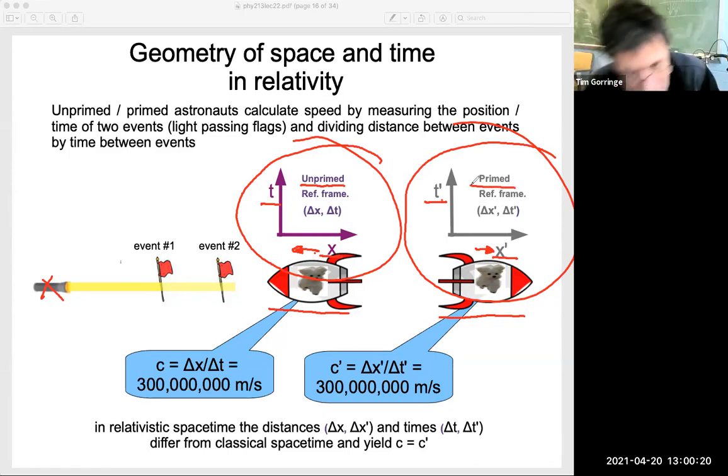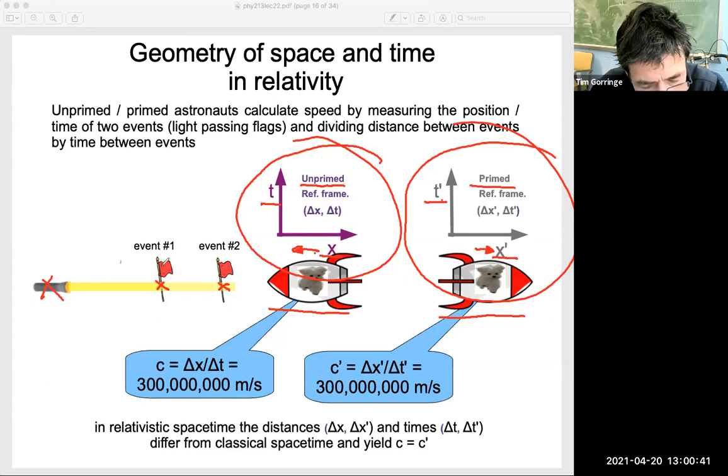Now, if they want to measure the speed of a light ray, the way they would do it is to measure 2 events: when the light ray from the flashlight passes this first flag, and when the light ray passes this second flag.